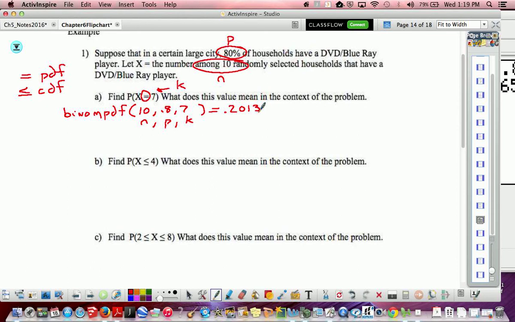But what does that value mean in the context of the problem? We want to say what that actually represents.